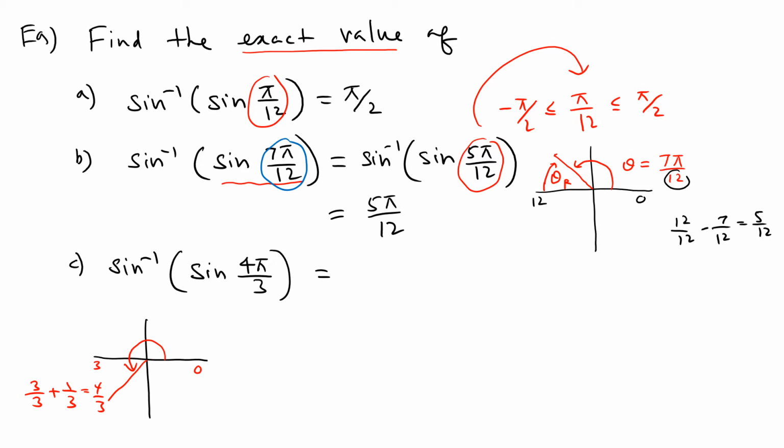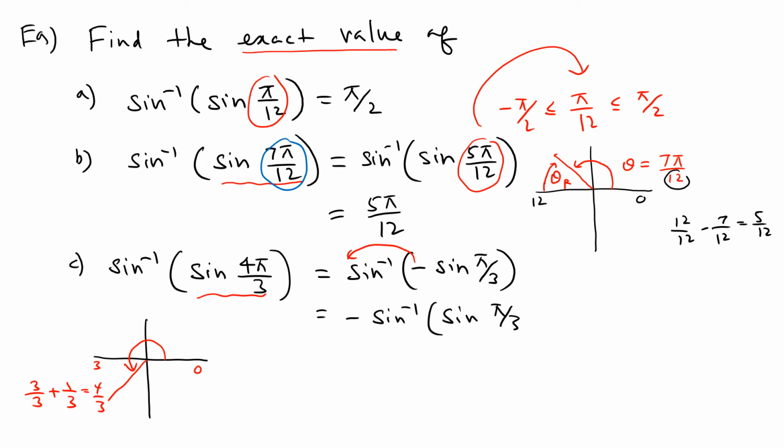This angle is in the third quadrant, and sine there is negative. So we can write this as sine inverse of negative sine of the reference angle. Since the sine inverse function is an odd function, we can pull the negative sign out, so you can write this as negative sine inverse sine pi over 3.